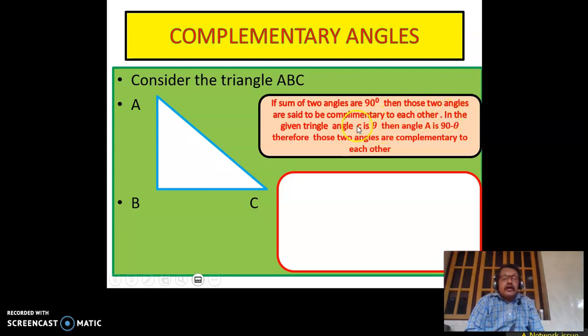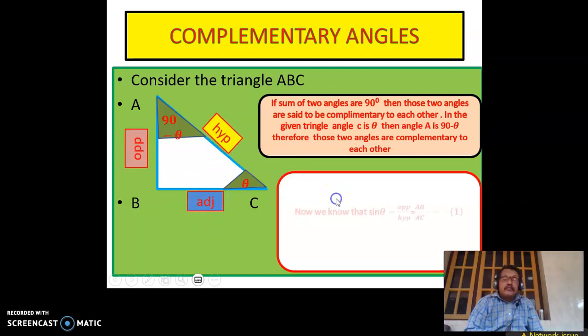In the given triangle, angle C is theta and this angle is 90 degrees, so this is 90 minus theta, because the sum of these two angles is 90 degrees. Therefore 90 minus theta and theta are complementary to each other. For angle theta, this is the opposite side; for 90 minus theta, this is the opposite side, this is the adjacent side, and this is the hypotenuse.